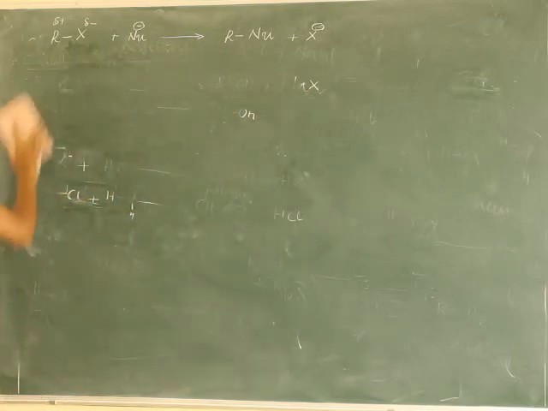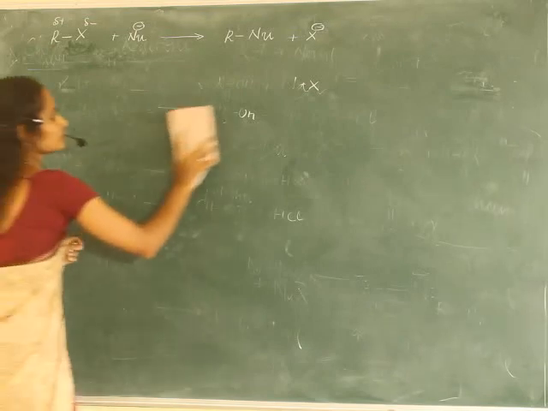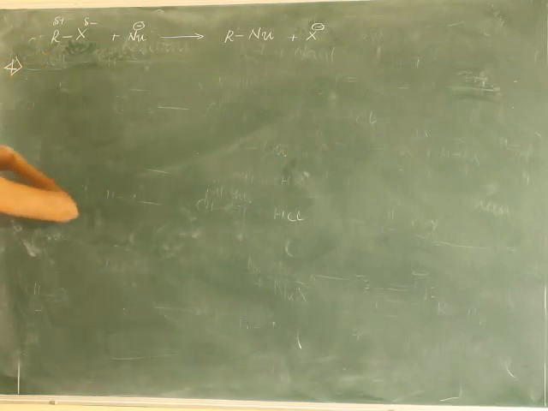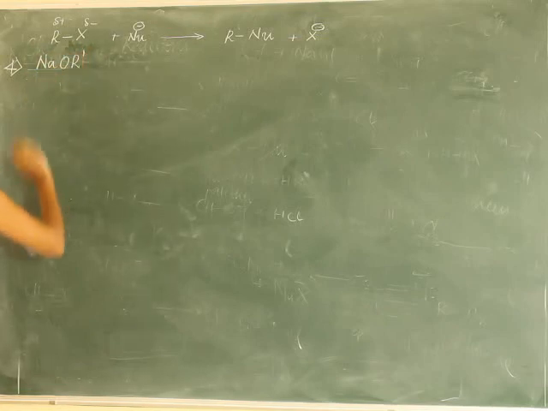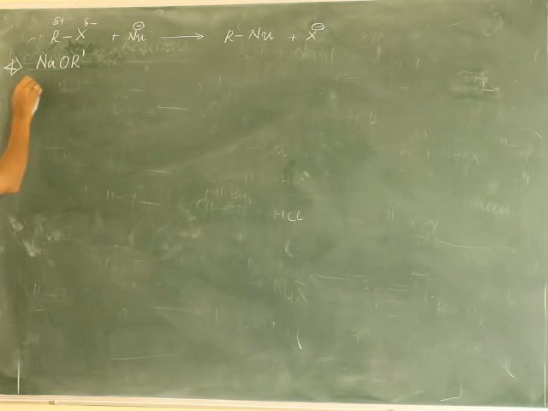Next, other reactions. 3 reactions we already discussed, and the fourth reaction is with OR dash, right? It is a sodium salt of an ether. Sodium alkoxide, right?